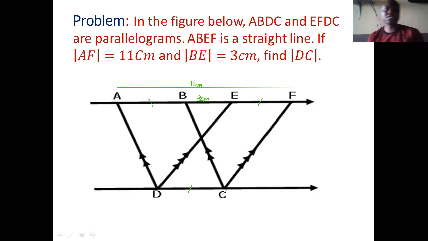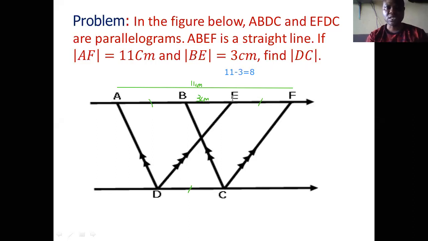Okay, let's check because of our time. From here to here is 11 centimeters and BE is 3 centimeters. So if I remove 3 from 11, I will have 8, right?